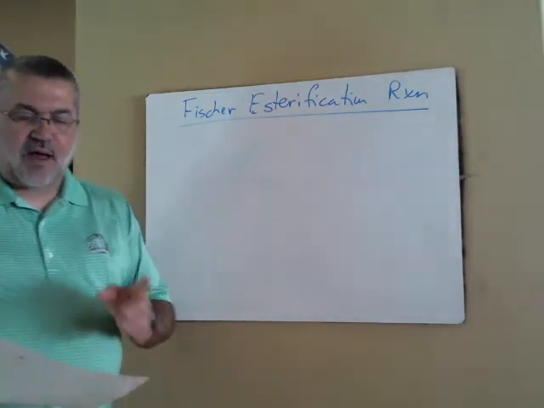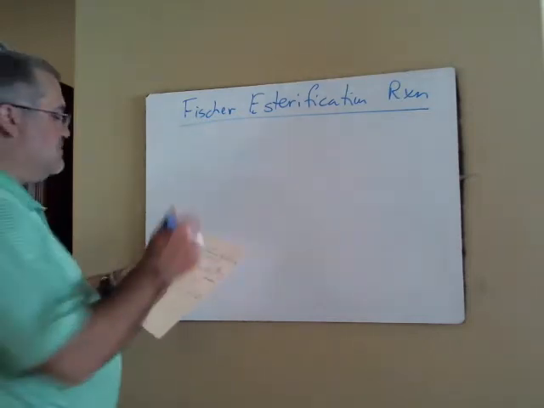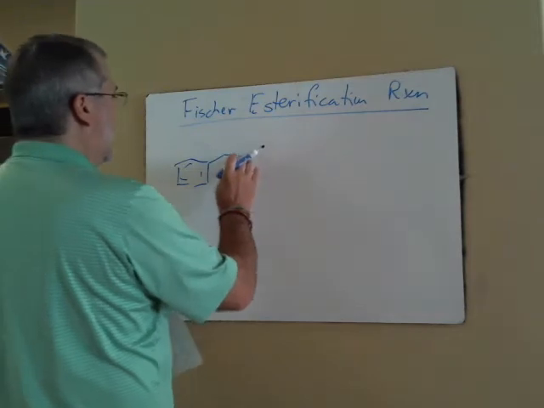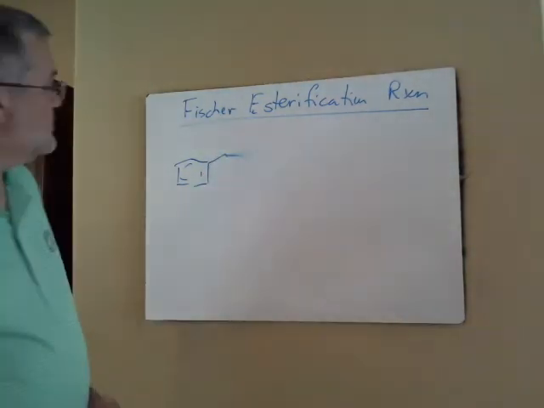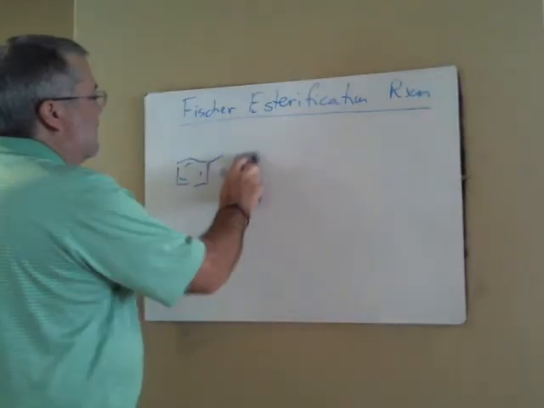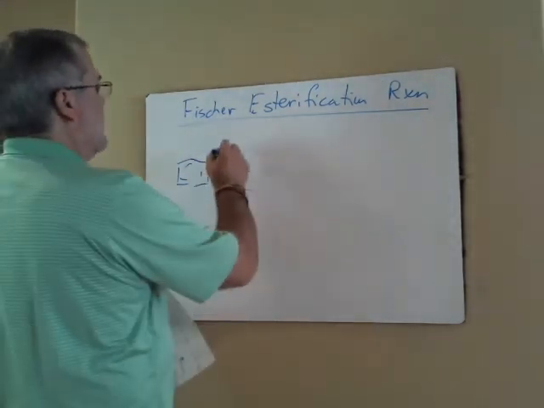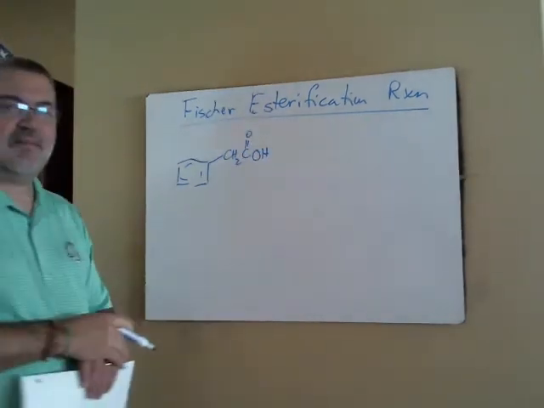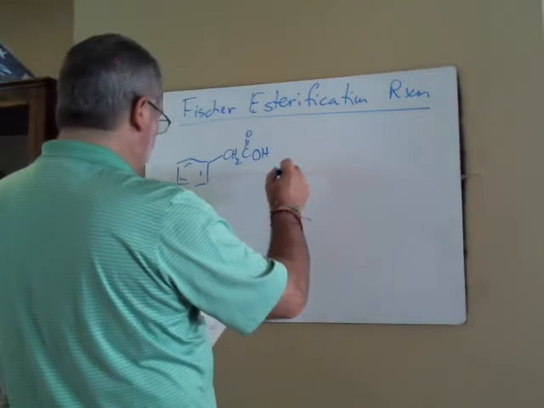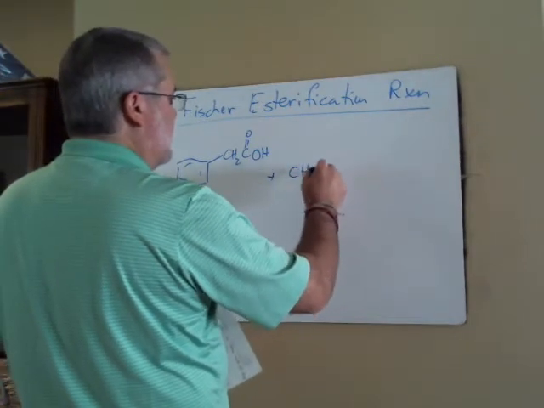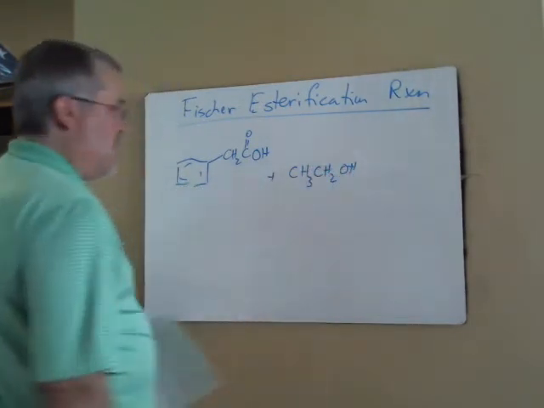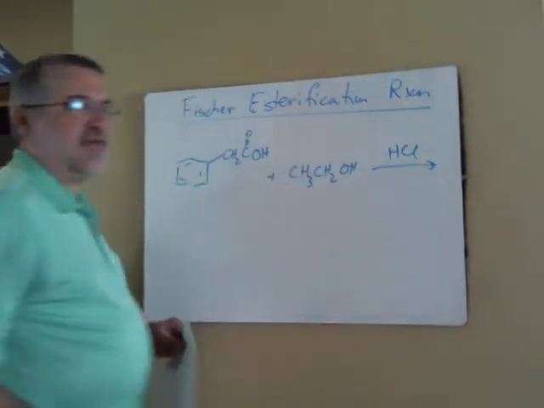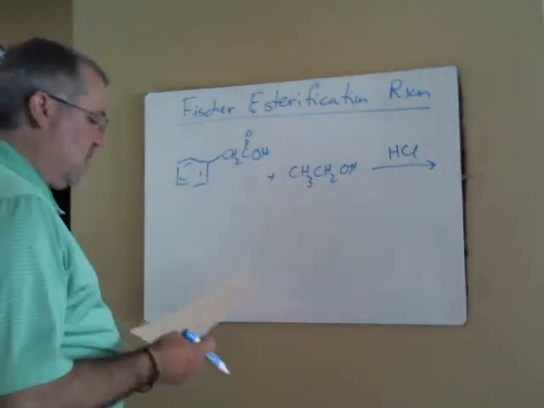This is just a way of making an ester by taking the carboxylic acid, and let's use a Fischer example from the literature. Let's put a CH2 there, and then my carboxylic acid. So we take an acid and then we just treat it with an alcohol. Let's use ethanol here. Okay? And the reaction is acid catalyzed, so you have to have a little HCl in there.